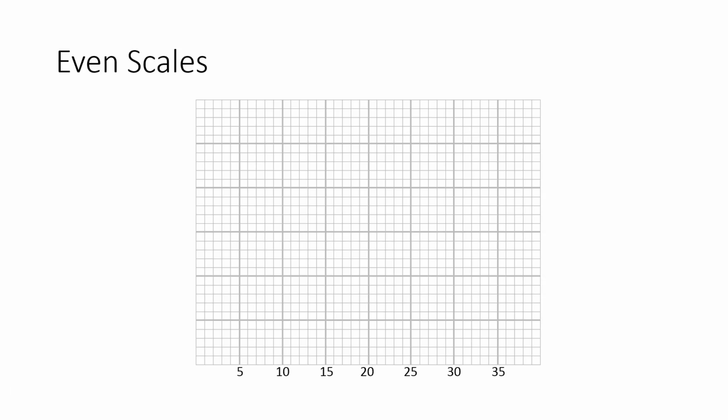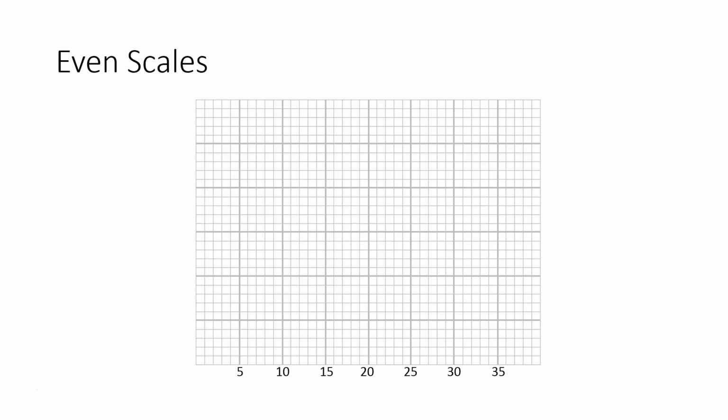All right, this is our first look at an even scale. I haven't labeled every one of my vertical lines, but I have labeled every 5. So my scale, as you see it written in front of you, is saying 5, 10, 15, 20. But every one of those vertical lines in there represents 1.